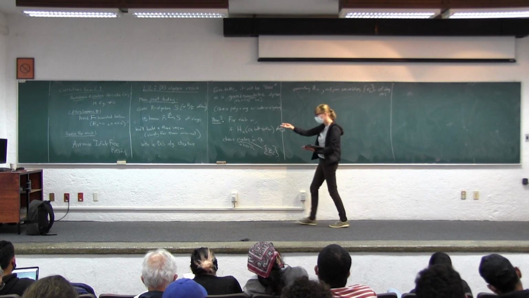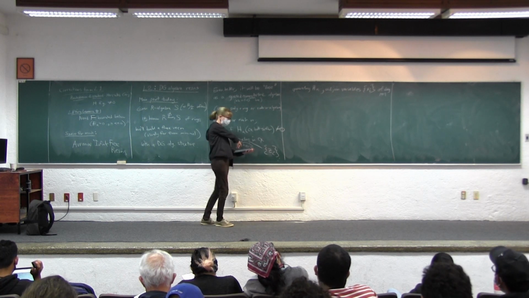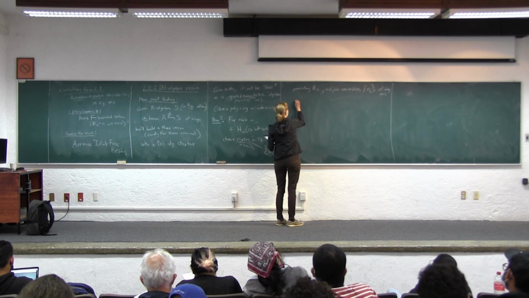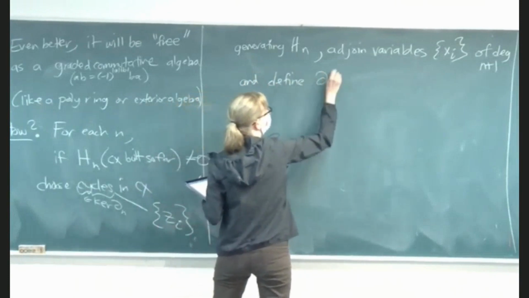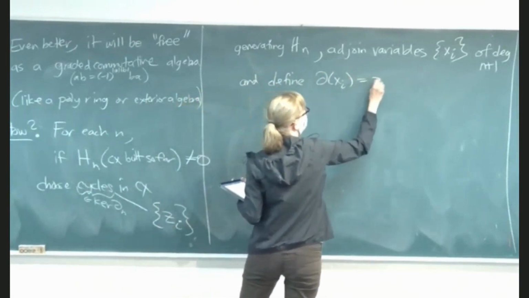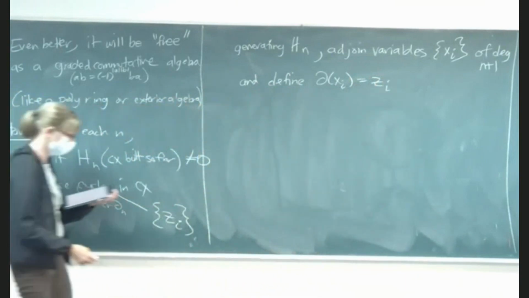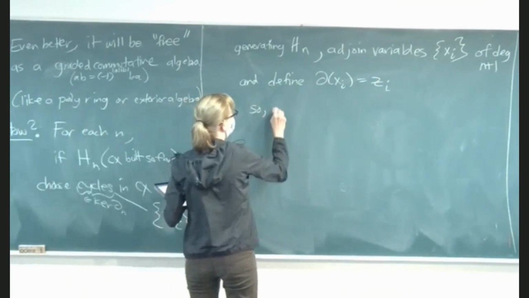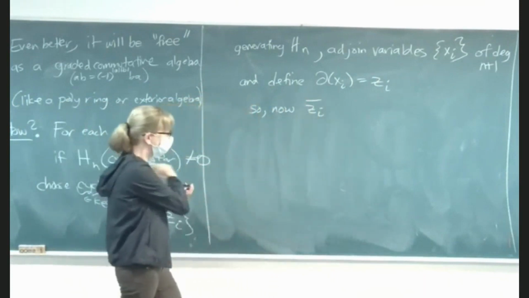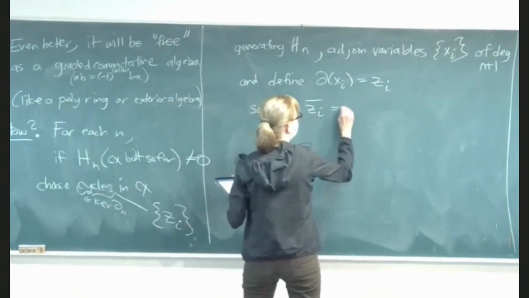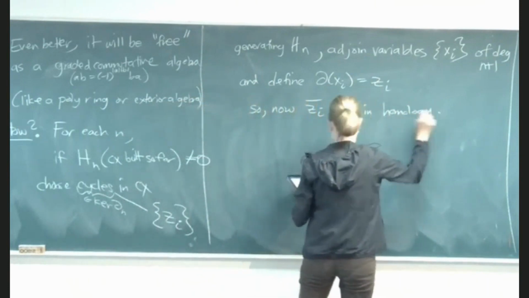So we're just throwing in some variables that we're going to force to map to these. And define the boundary of xi to be zi. And now the zi's are boundaries. So now the zi bar in the homology, the quotient, are 0 in homology. Okay.